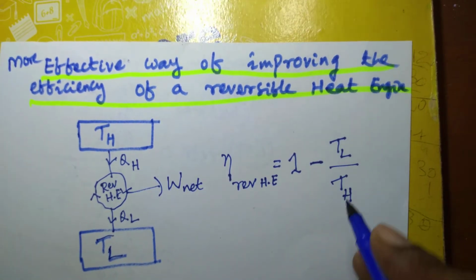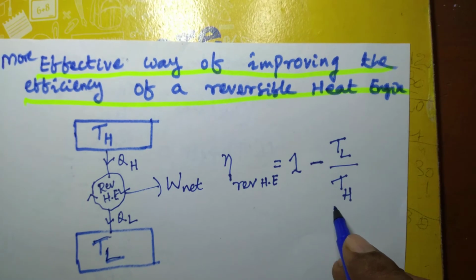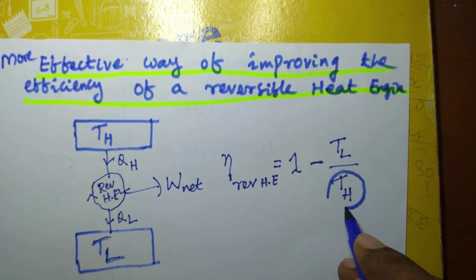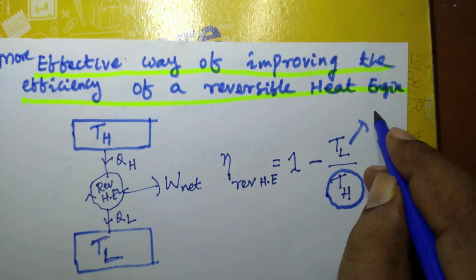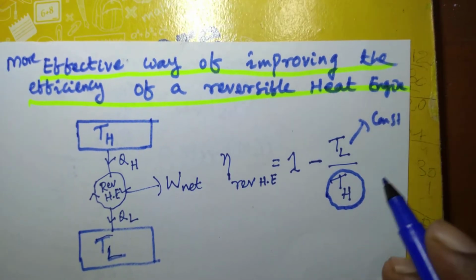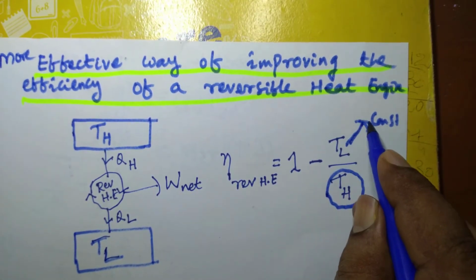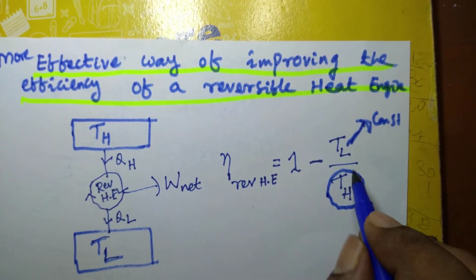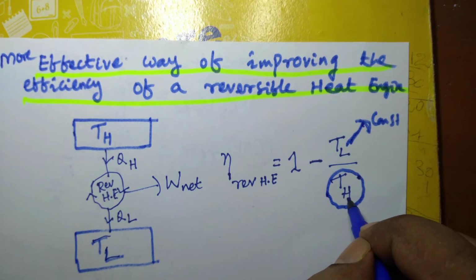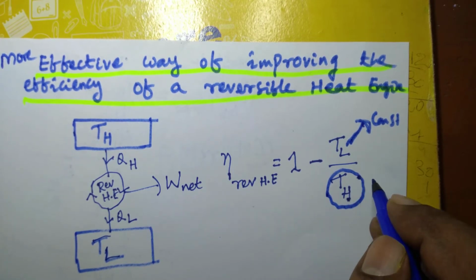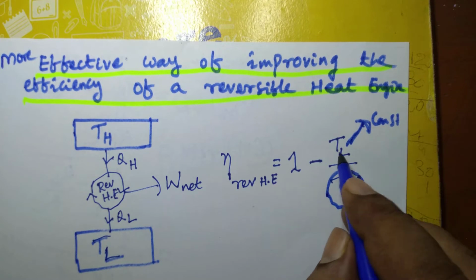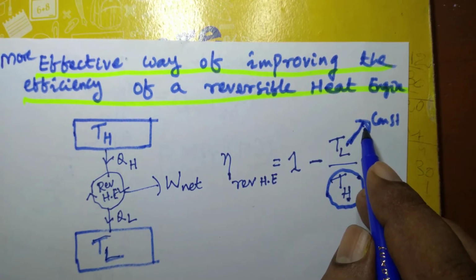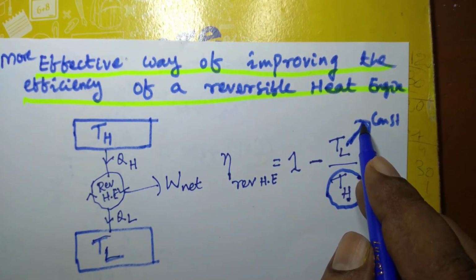I can increase it either by decreasing TH, keeping TL constant, or by decreasing TL, keeping TH constant. Both ways, the efficiency of a heat engine can be increased. Of course, TL can be decreased only up to the temperature of the surrounding.